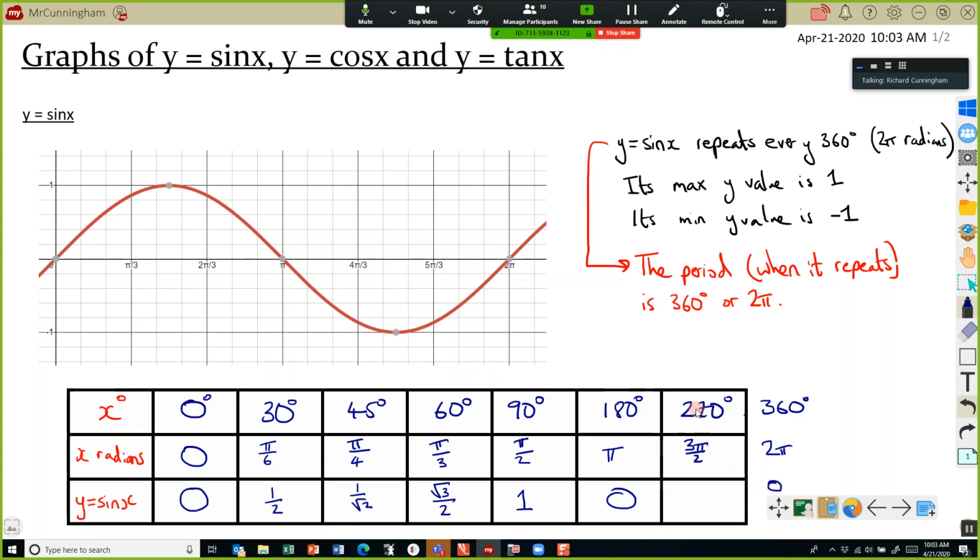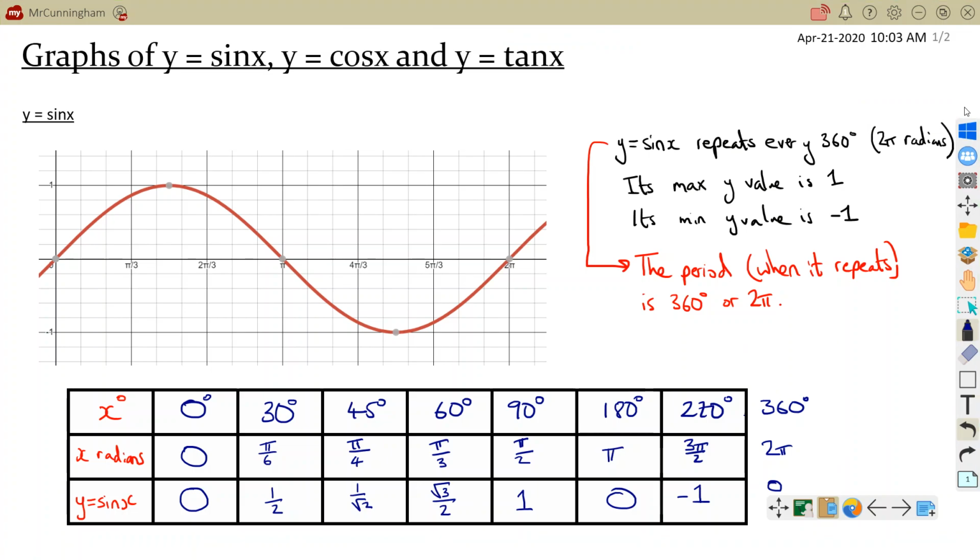And what about 270? It's -1, okay? There is my 3 pi over 2, or 270, okay? So these are values that you need to know, okay? And we know the 30, 45, 60 easy enough, but the other ones as well you have to be aware of.